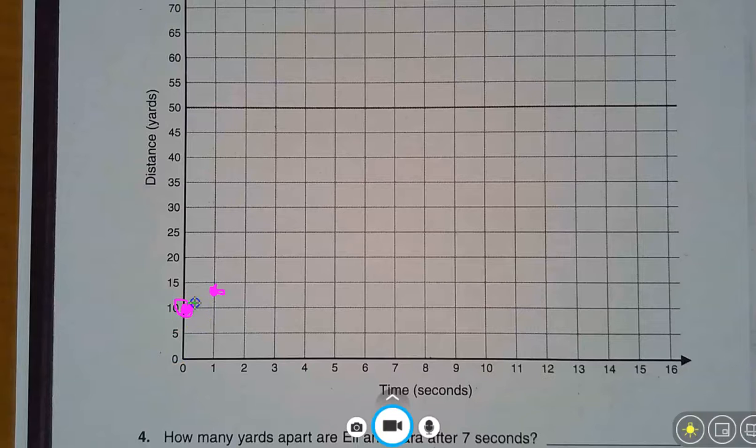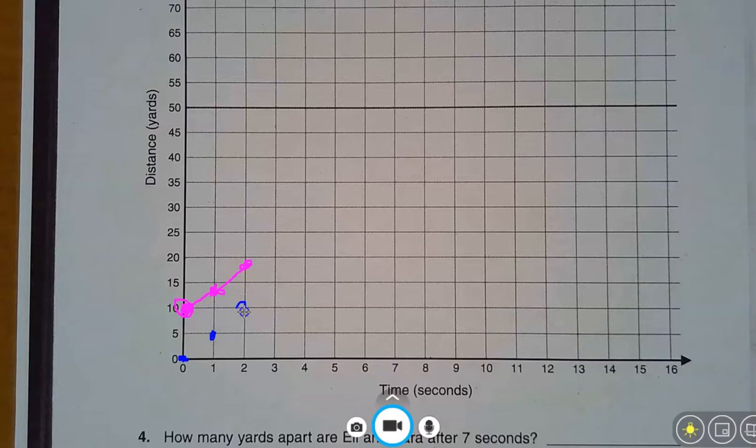So then I'm going to connect those 2 dots with a straight line. Sarah's next distance at 2 yards is 18 meters. So I'm going to put her dot for 18 and connect those dots. Meanwhile, what does Eli's distance look like? Well, Eli started at 0. Then he went 5 meters.